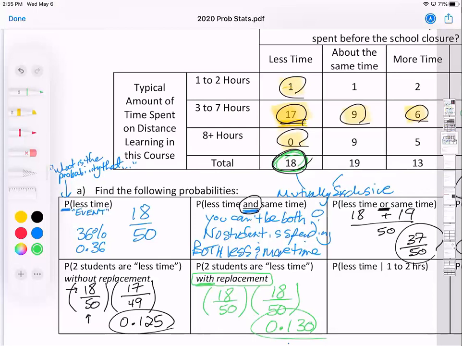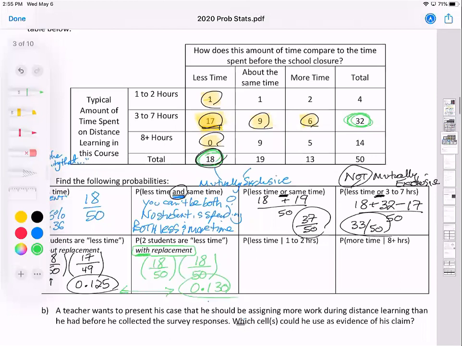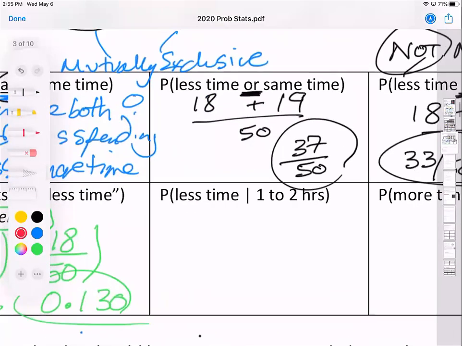So the answers are pretty close, but they're not the same answer, slightly different. And then this last part, based on this table, I want to talk about this notation. This line right here, that line right there, that's given that.